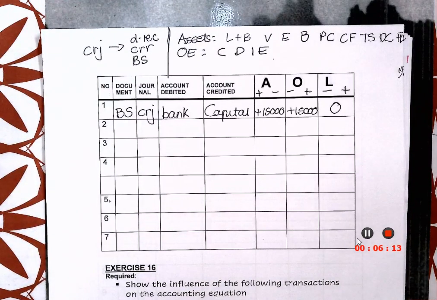Okay, now let's quickly go. Owner's equity is capital less drawings plus income less expense. Capital less drawings plus income less expense. I am confused. Let's go again.